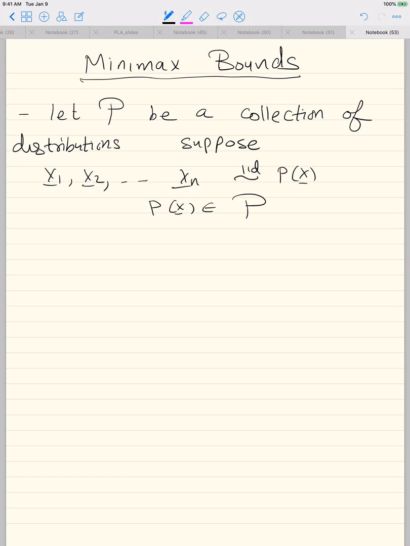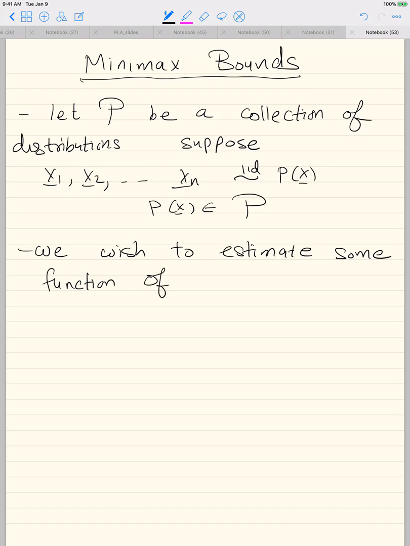What we want to do is, we wish to estimate some function of P. So for some function of this distribution.